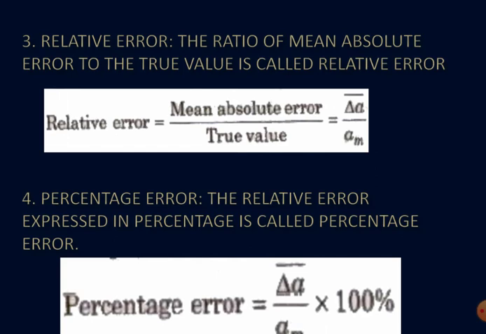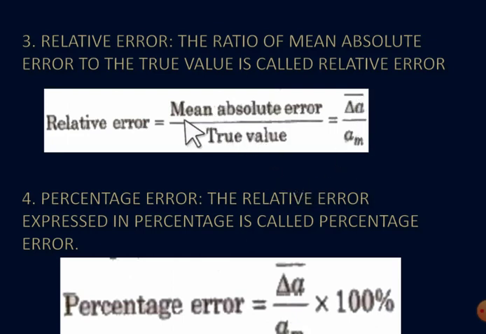Now next, the third one is what? Relative error. This relative error is nothing but the ratio of the mean absolute error to the true value. The mean absolute error is denoted by delta A bar, right?